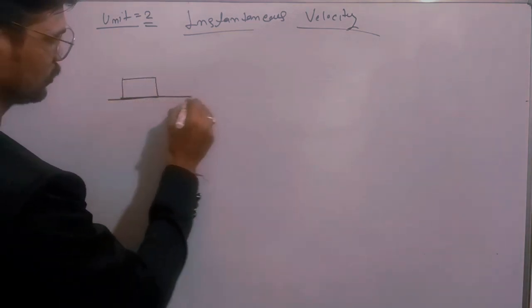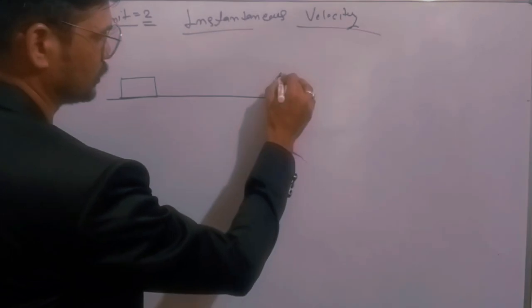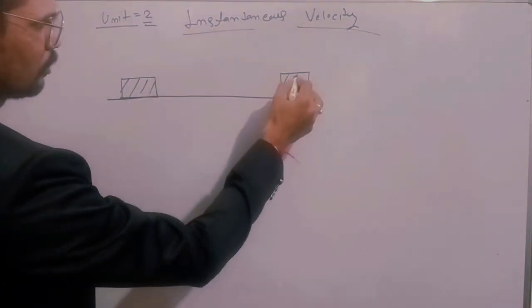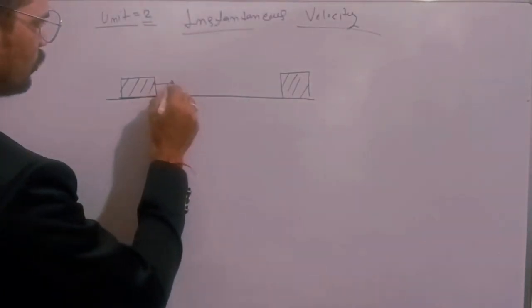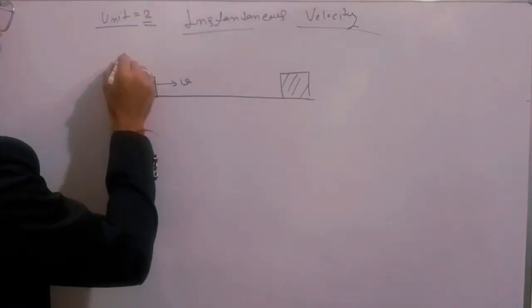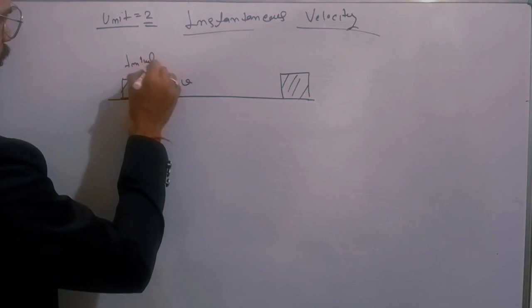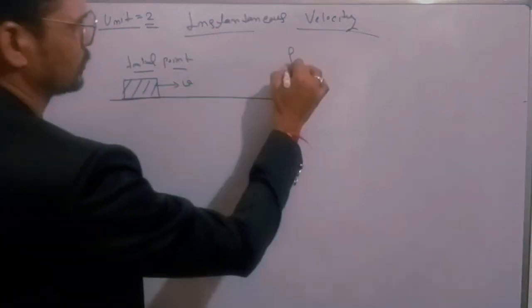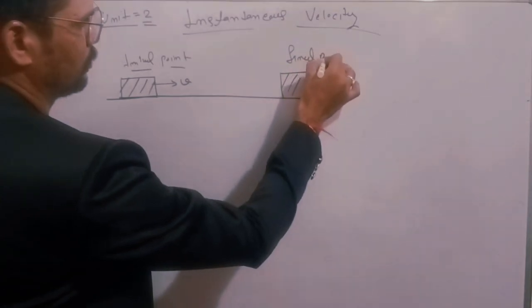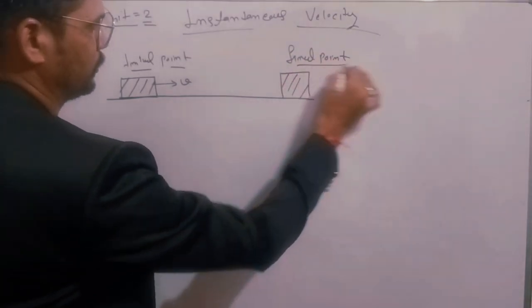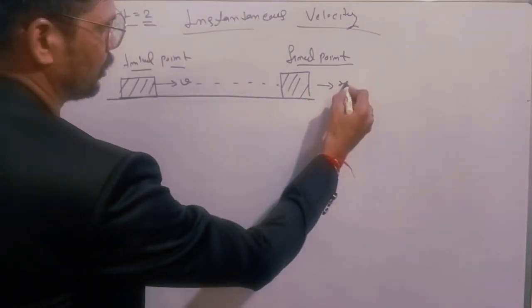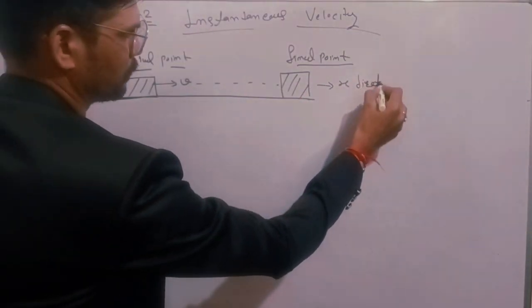The block is placed on the surface. This is the initial position, this is the final position, and this is the velocity v. This is the initial point and this is the final point. Then it travels in the x direction.